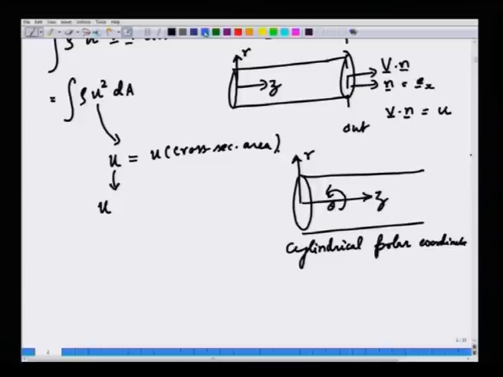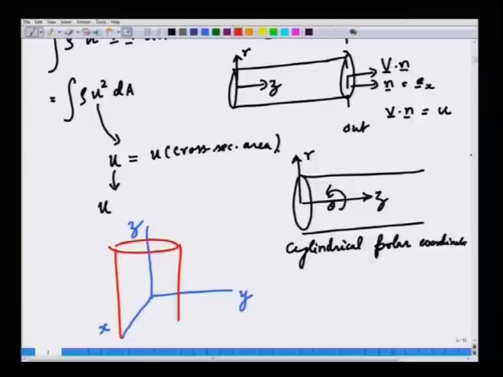Let me illustrate this with respect to the Cartesian coordinates which we are familiar with. Suppose you have x, y and z, and let us put a cylindrical tube whose axis is along the z axis. Any point is denoted by its position vector.